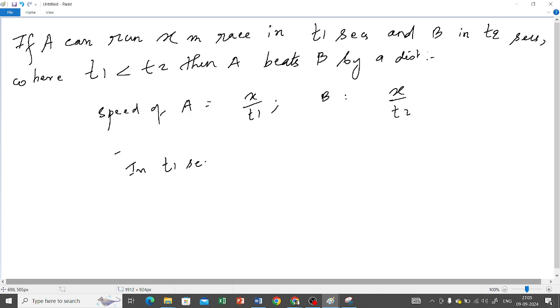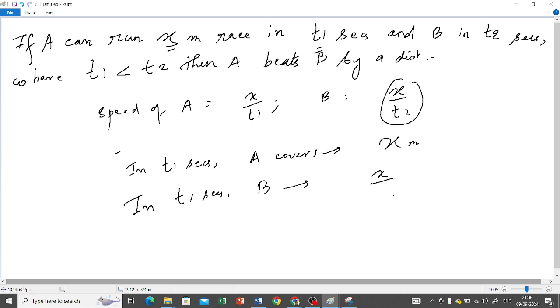In t1 seconds, A covers how much distance? X meters, right? That is what is given. In t1 seconds, B covers how much distance? x by t2 is the speed of B, into t1. So in t1 seconds, A covers x meters.